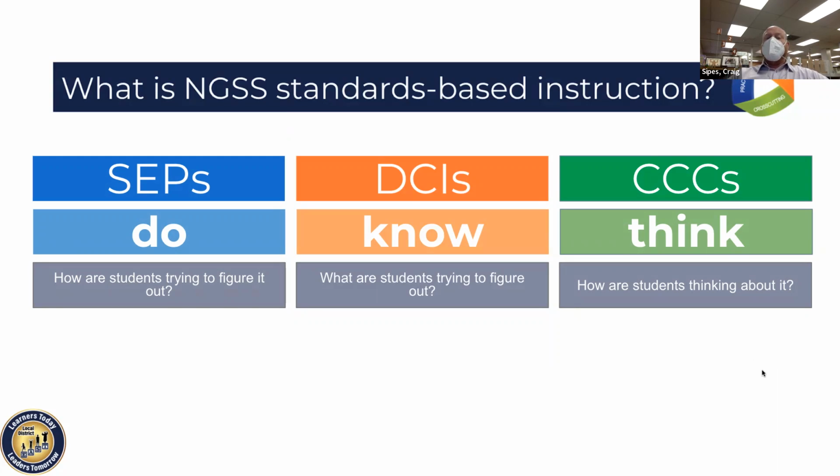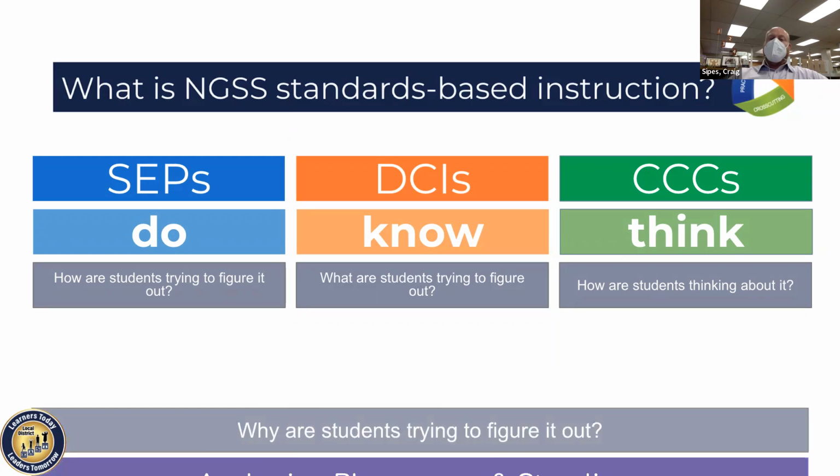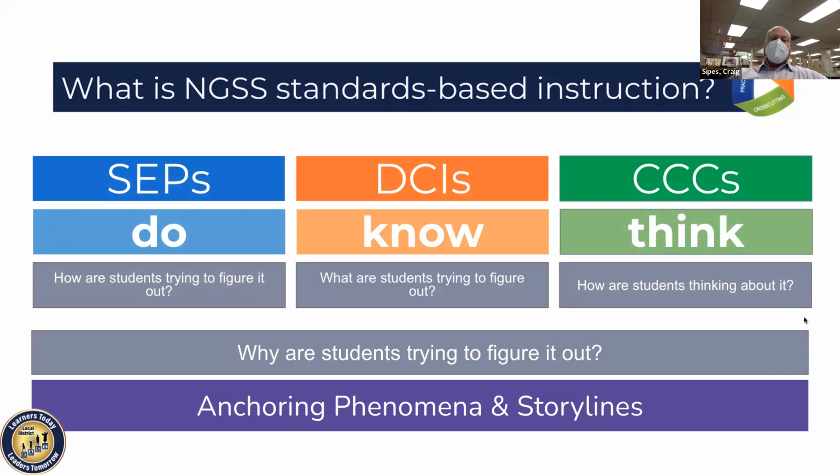And then how are students thinking about it? That's the CCCs, engaging in the crosscutting concepts. And all of this, all 3 dimensions, all of the standards, are in service of students constructing explanations and models of anchoring phenomena, of anchoring events, students figuring out phenomena.